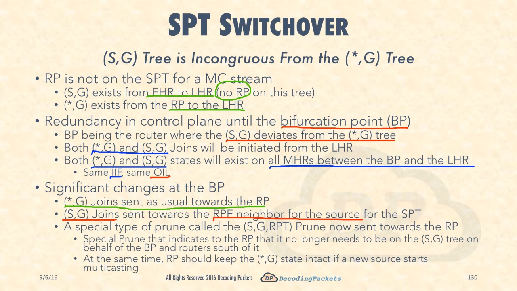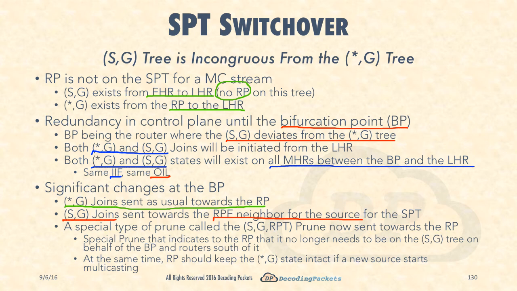If you realize, you need to tell the RP somehow that it is not really needed anymore for this particular source, because beyond the bifurcation point you're going to receive the stream from the source independently on the SPT.